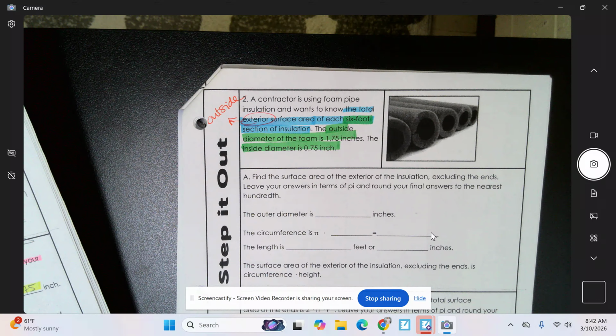But what's going on here? It's got a hole, right? Like it's got a gap right here. So we have to take this part out because it's not completely covered with foam on this side, is it? No, so we're going to have to take this section out. And anytime we take a section out, what are we doing with it?